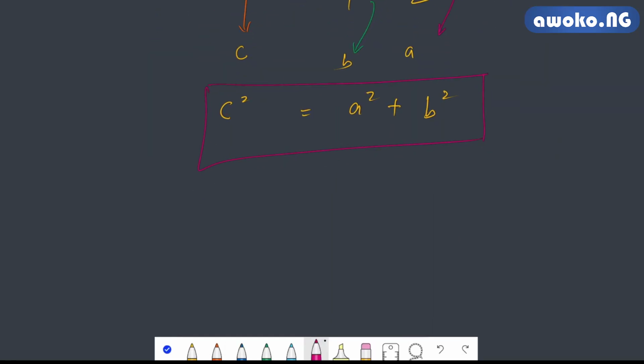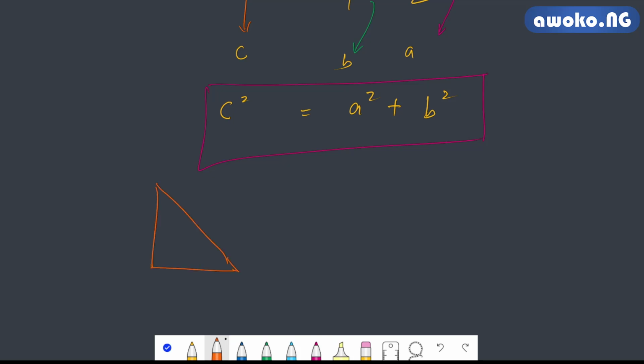You can state it in another form, which states that the sum of the squares of the length of the two short sides of a right angle triangle is equal to the length of the hypotenuse side. So let's say we are familiar with the right angle triangle.